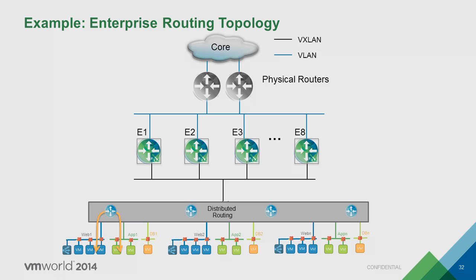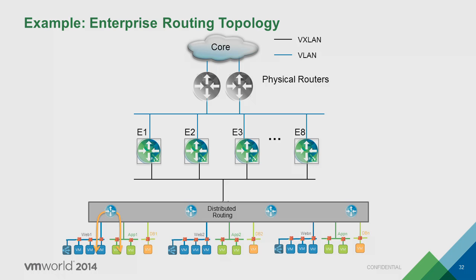Because of that, we came up with a solution that allows that edge service gateway to be scaled out. Starting from the 6.1 release, we support a feature called equal cost multipathing, where you can have multiple edge service perimeter gateways northbound that peer with that distributed logical router. It's very similar to ECMP that you have in physical networks.